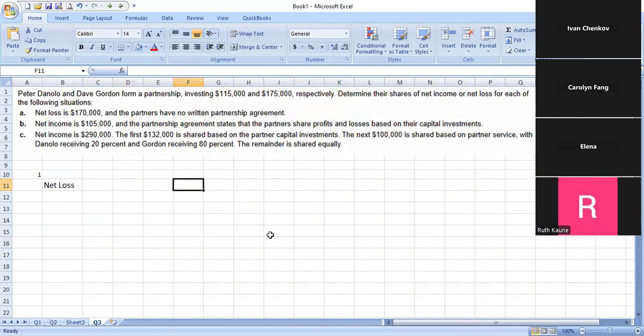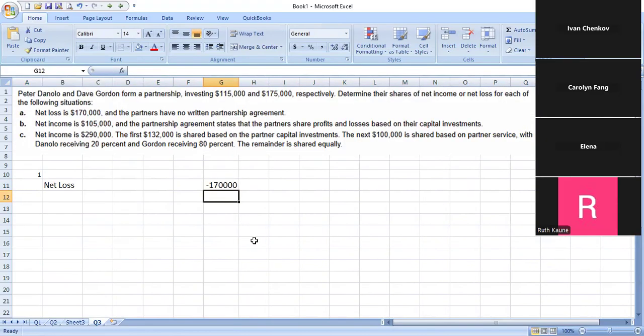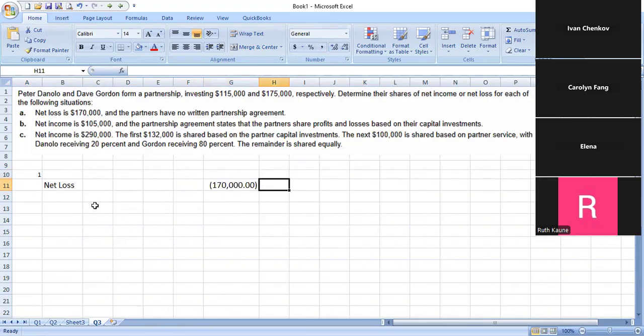How much is our net loss? Our starting point is negative 170,000. That's our starting point. Now from here we have to move. So we have to allocate it between two people, number 1 and number 2. Number 1 is Peter, and number 2 is Dave.